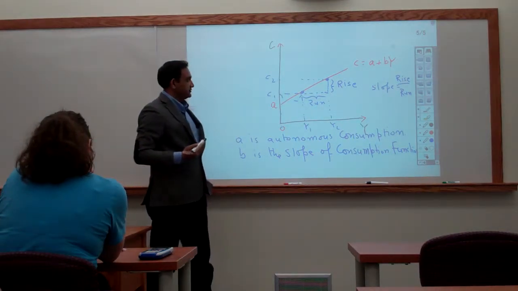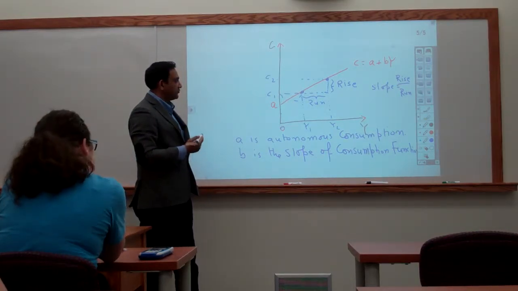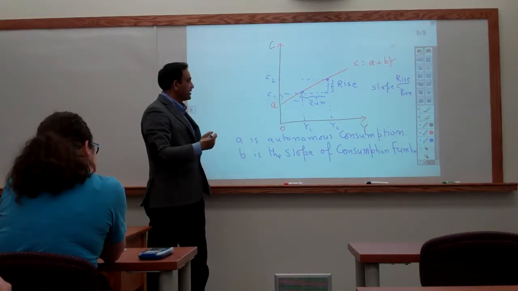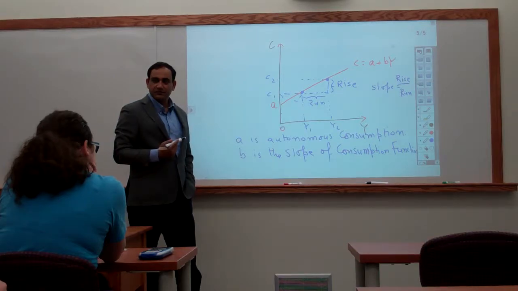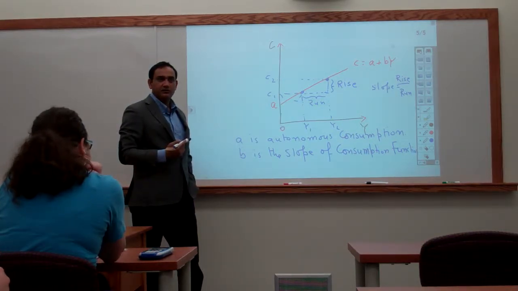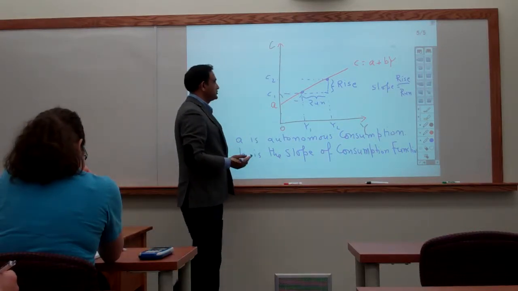So what is rise here? You move from y1 to y2, consumption rises from c1 to c2. So what is rise here? C2 minus C1. That's correct.